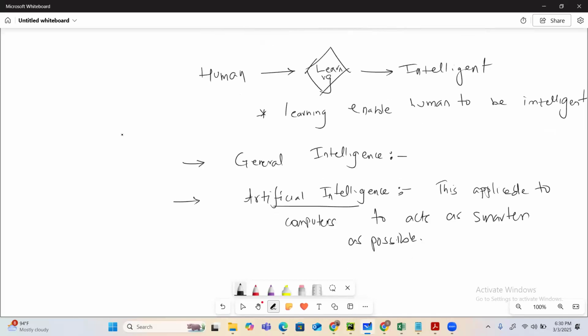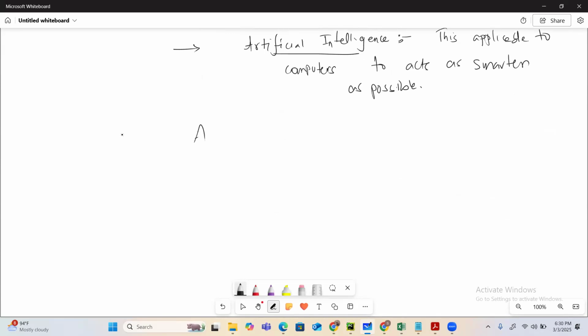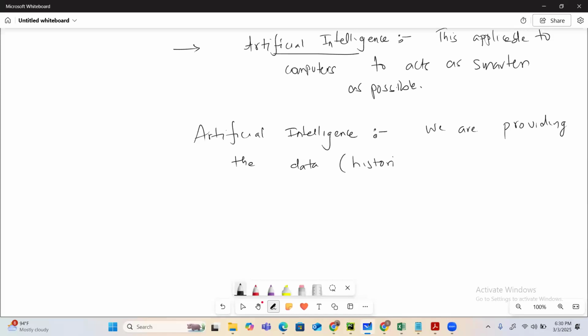In artificial intelligence, we are providing the data that we call historical data to learn.